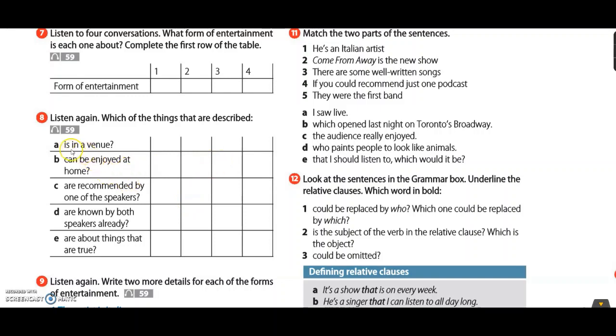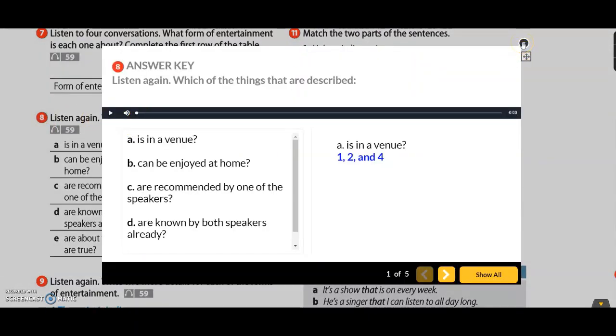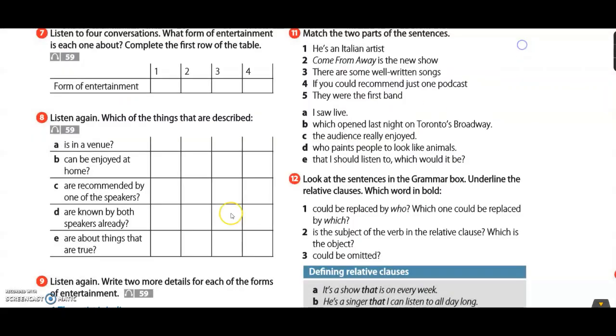So for example, if it is an avenue, you have to put a tick here or a tick where it belongs. So pause this video, guys, do this exercise, and then we will check them with the correct answers.